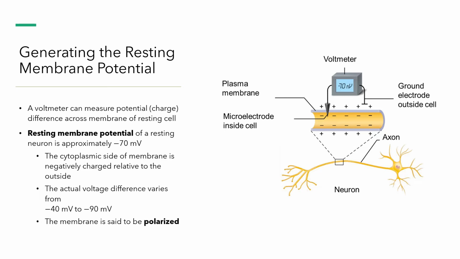And so when you look at an axon of a neuron, when it's at rest, so no actual nerve impulses coming in, you can measure the outside to the inside and see what your difference in charge is. And so on average, the resting membrane potential of a neuron is about negative 70 millivolts.